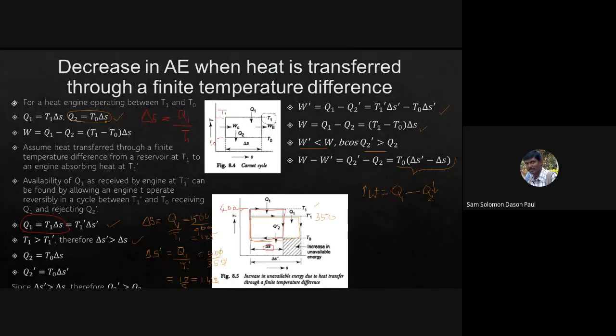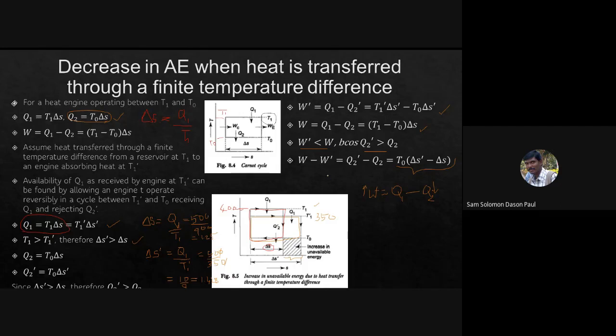Because initially you have got this delta S dash and delta S dash minus delta S, so this is an additional increase in change in entropy, and that is contributing to your increase in unavailable energy. So what we are saying is, if the finite temperature difference is going to be higher, your unavailable energy is to be higher. Okay, so you should always run a heat engine with higher source temperature.